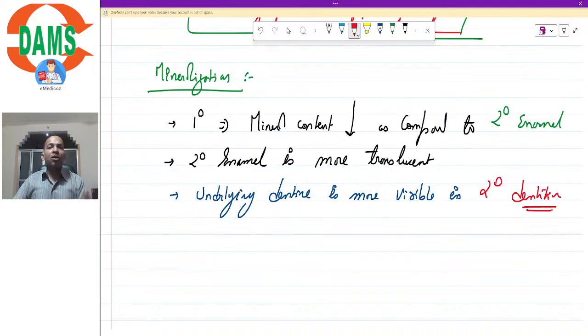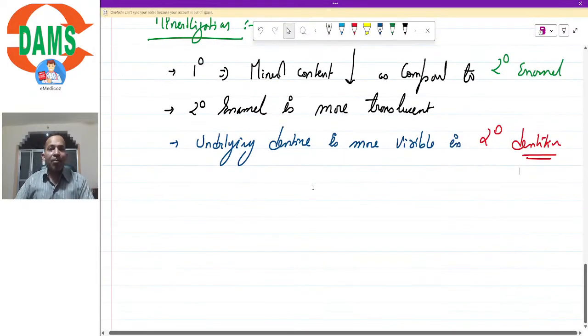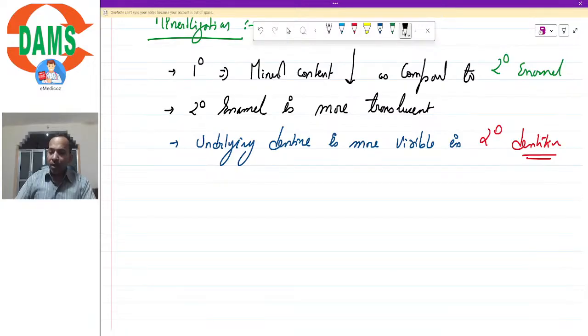So with this I am coming to the color of the tooth. What would be the color of enamel in primary and in permanent? Since the permanent tooth is more translucent, underlying dentin, which is yellowish in color, would be visible. Whereas in case of primary, it is less mineralized, so it is more opaque.